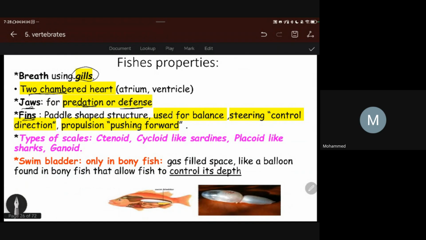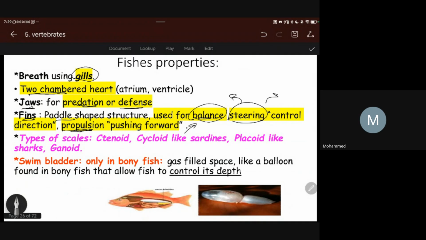They are paddle shaped, and they are used for either balance or steering, to move right or left and control their direction, or for propulsion, which helps them to move forward. So basically it helps them in balancing and in moving in either direction.